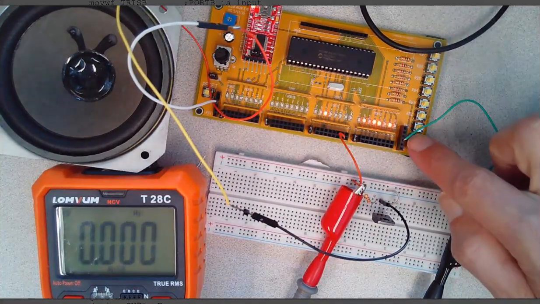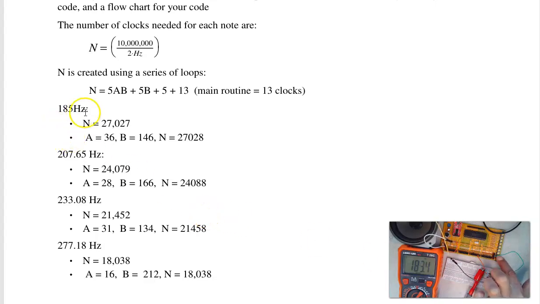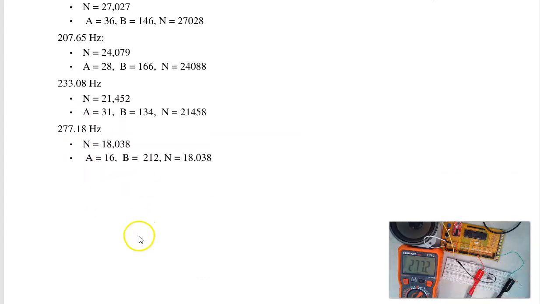So the first button. Okay, so trying it. Here is the first note. Let me bring that up so you can see it. 185.1, second note, 207.7, third note, 233.2, 277.2.